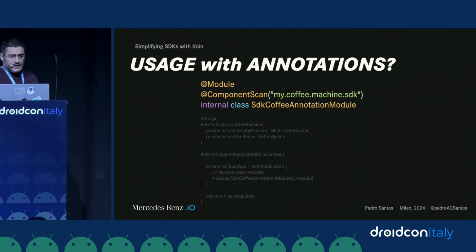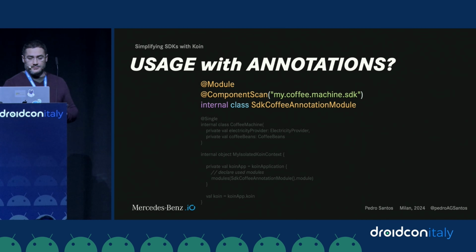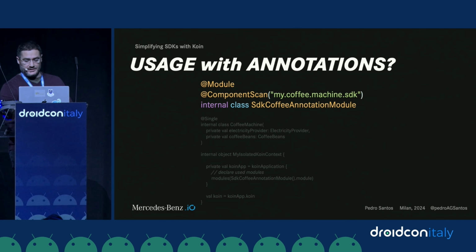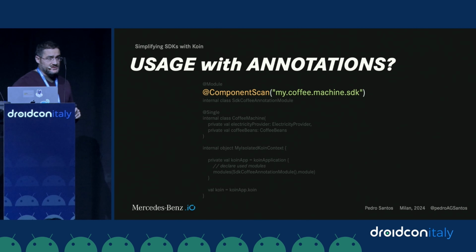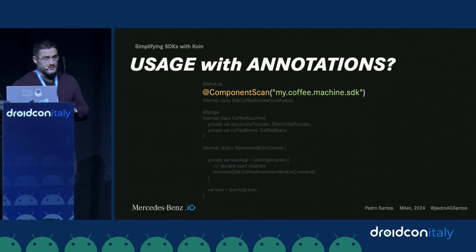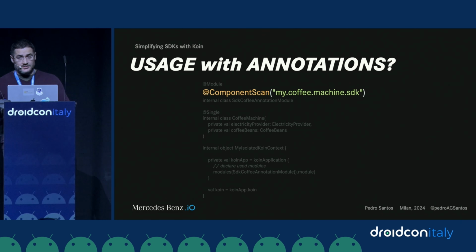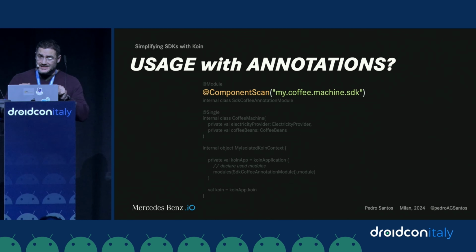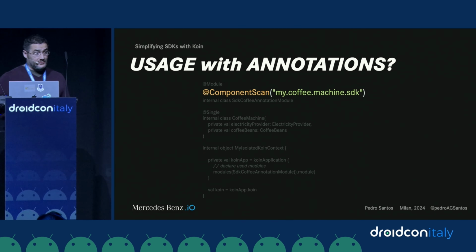Now, these modules have to be internal. You don't want KSP to be on your app and also on your SDK, and when they compile both, have this thing generating dependencies on the app's module, because they shouldn't have access to it. What is very important in this Koin module that I am declaring with annotations is the component scan. You need to specifically put your package there, so it only scans for dependencies inside of your SDK. This is really important.